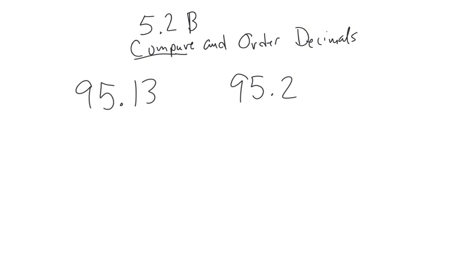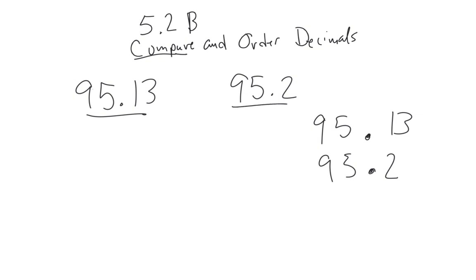What I like to do is line them up. Again, I line up my decimals, and then I do 95, and then 95, and then 13 hundredths, and then 95 and 2 tenths.